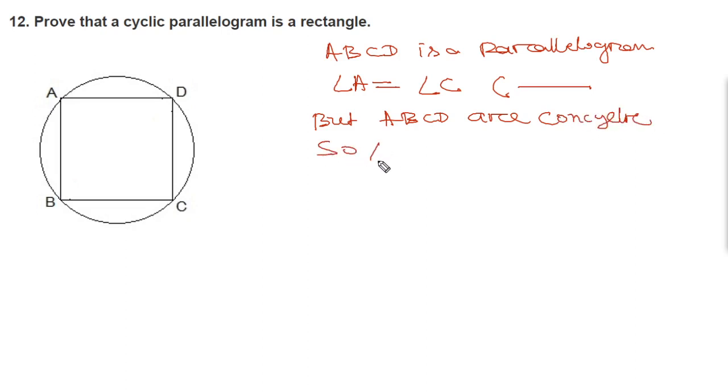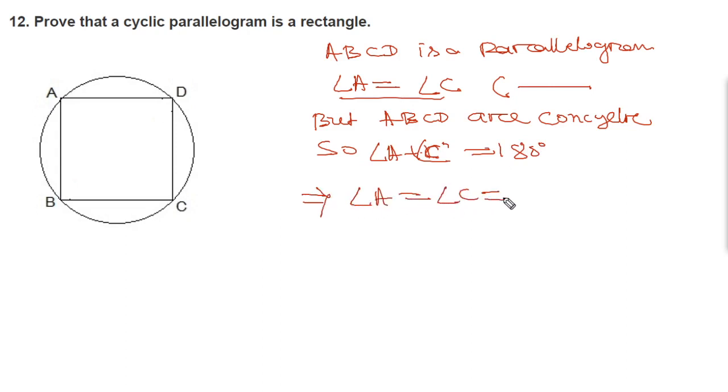So as angle A and angle C are opposite angles, angle A plus angle C will be equal to 180 degrees. But angle A equal to angle C implies that angle A is equal to angle C is equal to 90 degrees. Okay. And it is given that ABCD is a parallelogram.